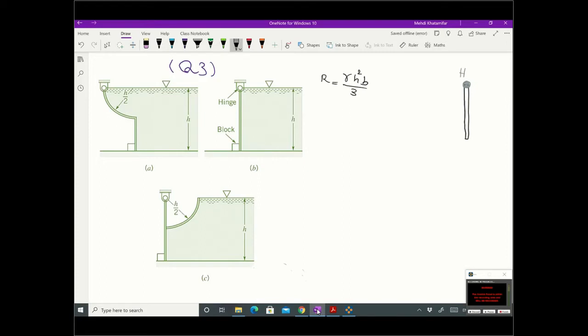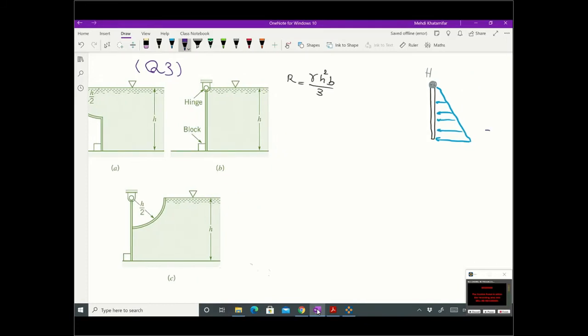Let's call it H. Because of the water pressure from the right, I'm going to have this triangular pressure from the water, and the resultant force of that pressure, which is going to be here, Fr. From the block, I'm going to have this force. Let's call it R.